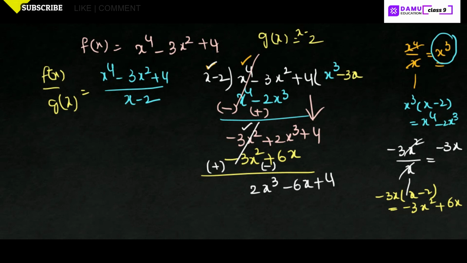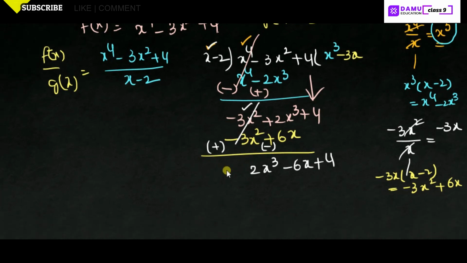Then what is our next step? Here 2x cube is there. So 2x cube by x: the first term here is 2x cube and the first term here is x. Then x will cancel, and we will get 2x square. So write plus 2x square. Whatever sign is there, minus means minus only and plus means plus only.